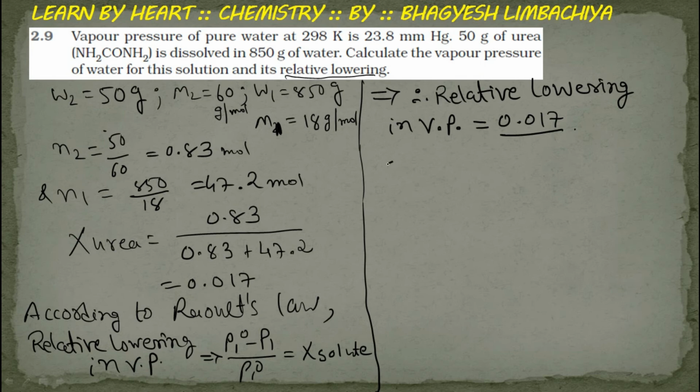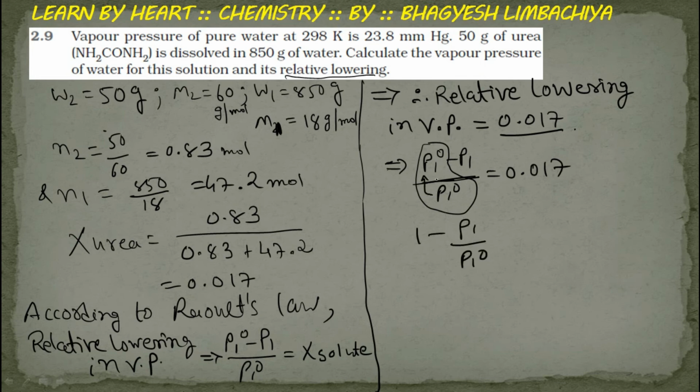And now you are asked the vapor pressure of water, that is, of the solution. That means P1 is asked. Now P1 is differentiated, P10 is differentiated, so 1 minus P1 upon P10. So it is divided here and here at both of the terms.